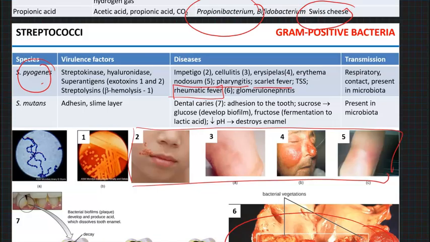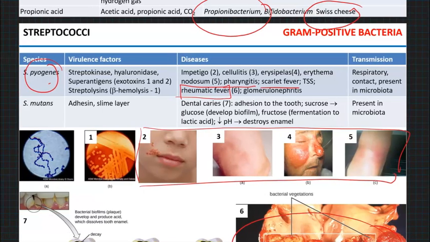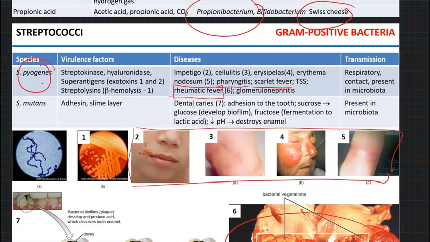Okay, now, it's not such a huge problem because we can treat it with antibiotics. Okay? The transmission, obviously respiratory, and contact. And interestingly enough, people can carry it asymptomatically. So somebody can carry strep pyogenes and not be sick at all.